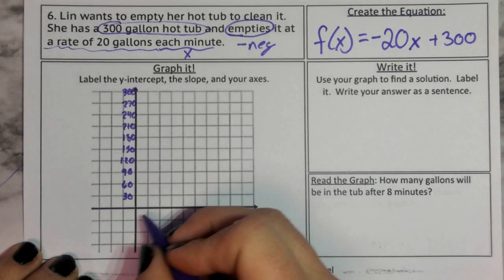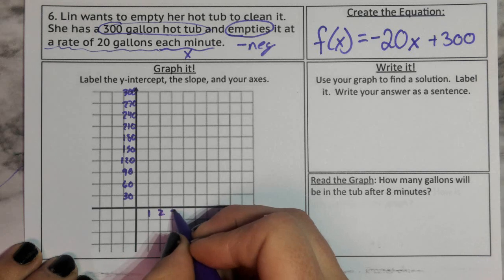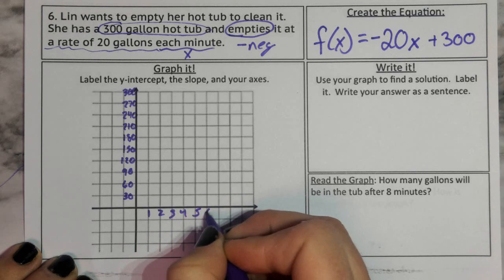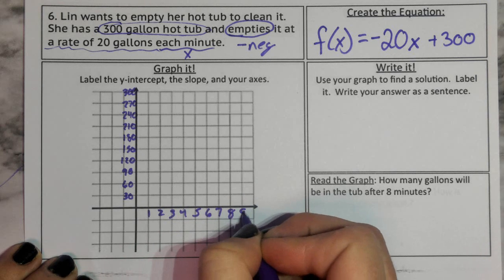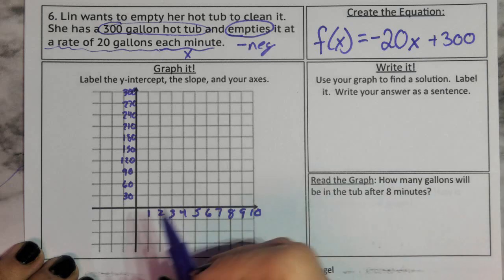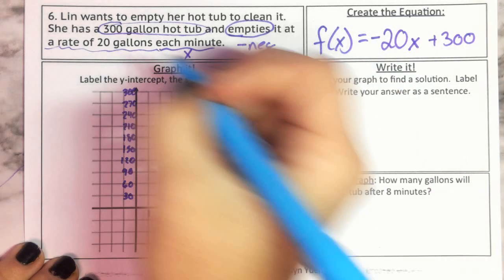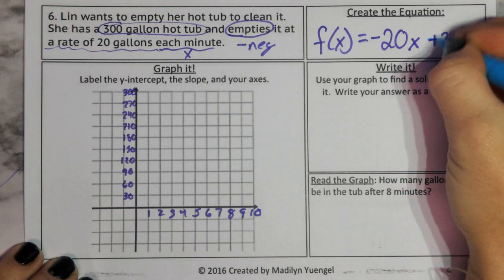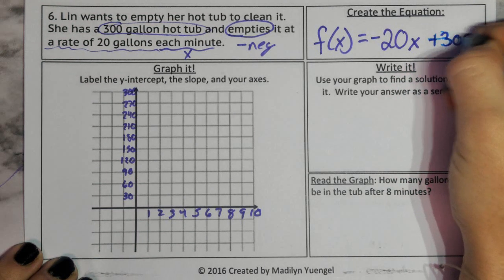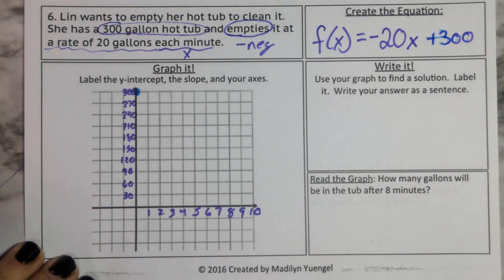And then over here, we are going to count 1, 2, 3, 4, 5, 6, 7, 8, 9, and 10. And we are starting in this case at positive 300, so right up there on my graph.